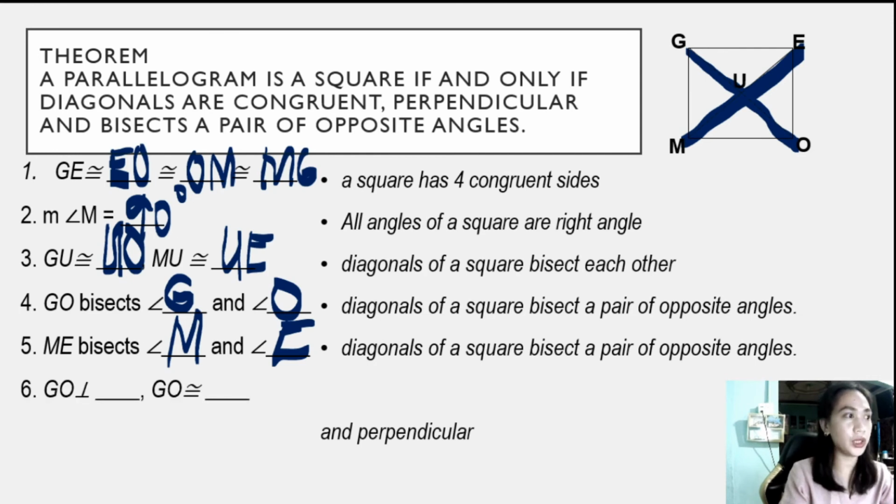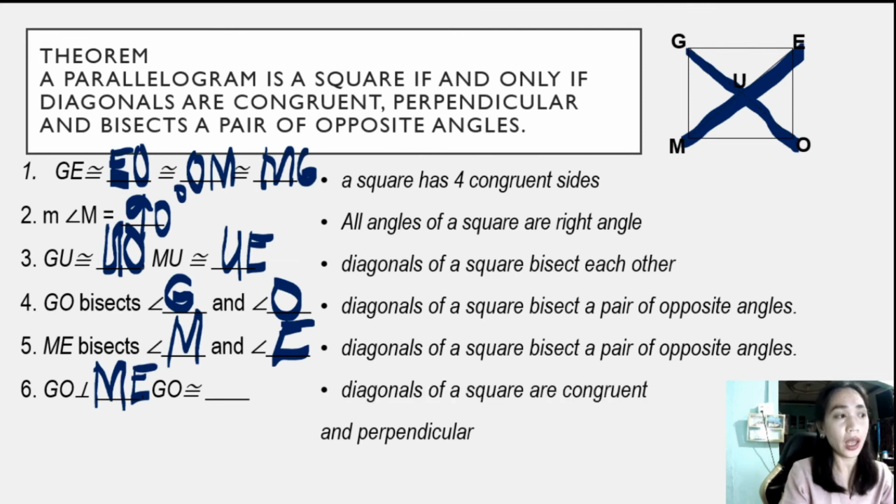Next, GO is perpendicular to ME. And GO is also congruent to ME because the diagonals of a square are congruent and perpendicular.